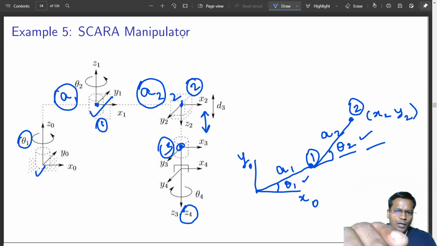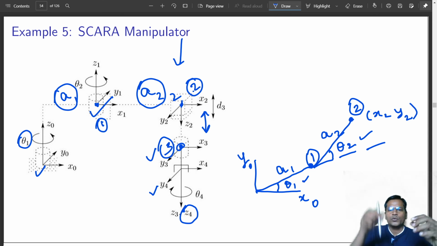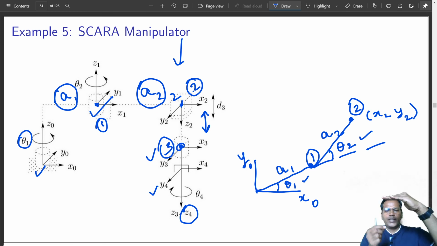Looking from the top, if you see it vertically downwards, you will see your robot like this. And all the points, point 3, point 4, are vertically placed exactly below point 2. So you see you have point 2, point 3 and point 4 one below the other.